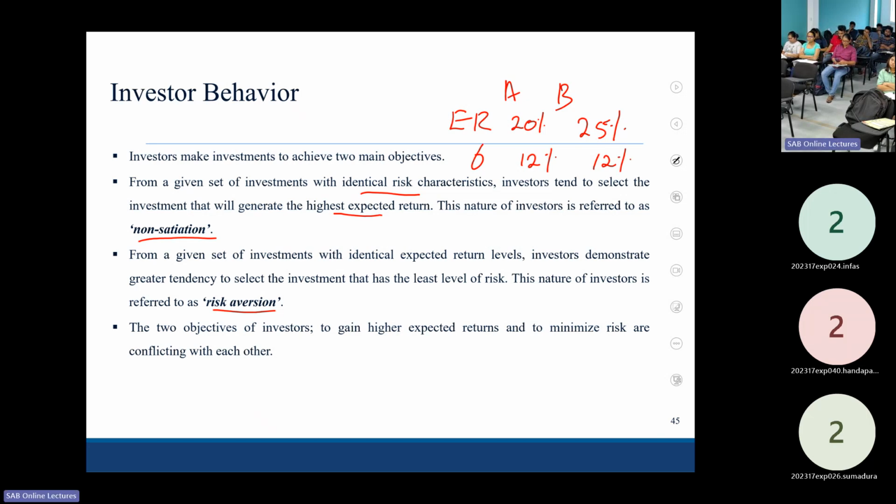In such a scenario, if I ask you which stock you are going to select, A or B? Expected return A 20%, B 25%. Standard deviation or risk 12% for both.